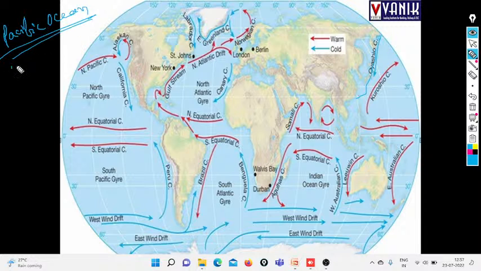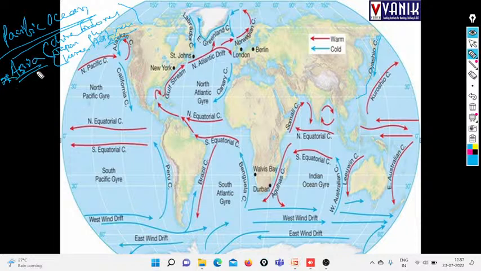It is surrounded majorly by the continent of Asia: China, Japan, Indonesia, Philippines, Korea, Australia, New Zealand, and all the Pacific archipelagos fall under the Pacific Ocean category. The European side does not come under the Pacific side.